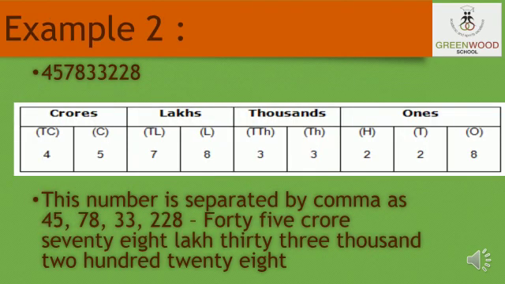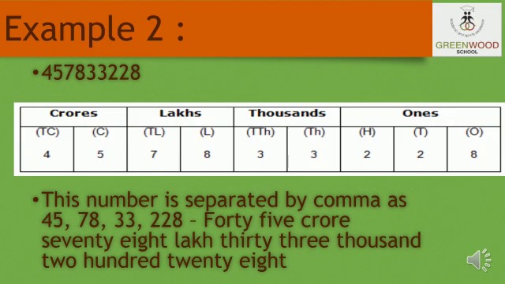Now let's see another example. Read this number. For that, first step, differentiate periods by placing commas in between. Now count with me from the right hand side. Ones, tens, 100, comma, 1,000, 10,000, comma, lakh, 10 lakh, comma, crore, 10 crore.